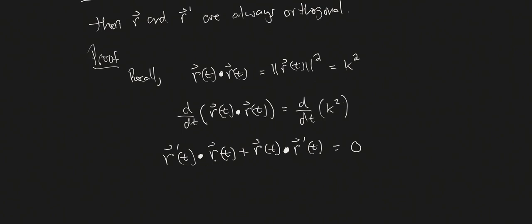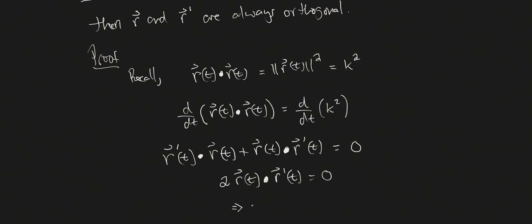So these two expressions are the same. So I have one thing added to itself, so then I'll have two of that thing. So I'll write it like this, 2 r of t dot r prime of t, and that's equal to 0. So I can divide both sides by this constant.